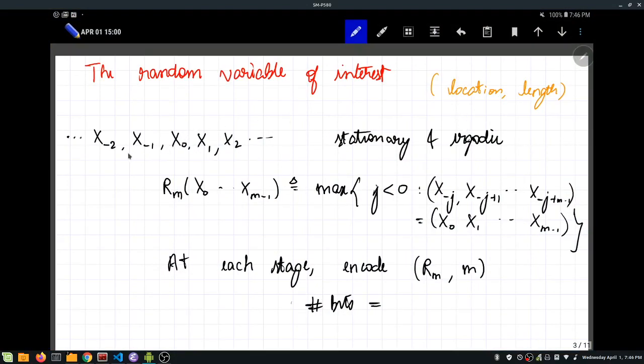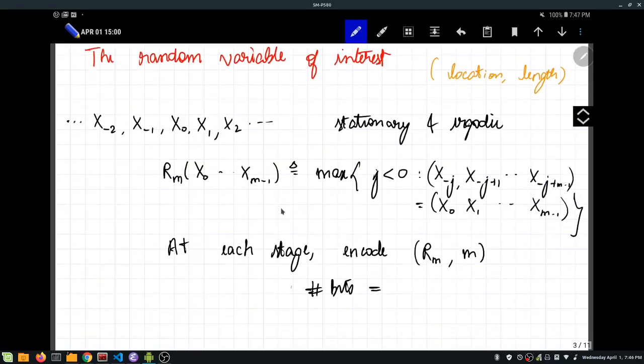So suppose that we have a stationary and ergodic source. Just for the sake of convenience, assume that this is an infinite sequence, infinite on both sides. So it extends from x minus infinity to x0, x1, x2 and so on. Now the quantity that we are interested in is the size of the match.